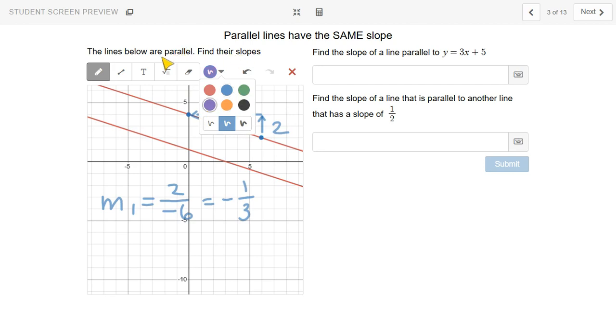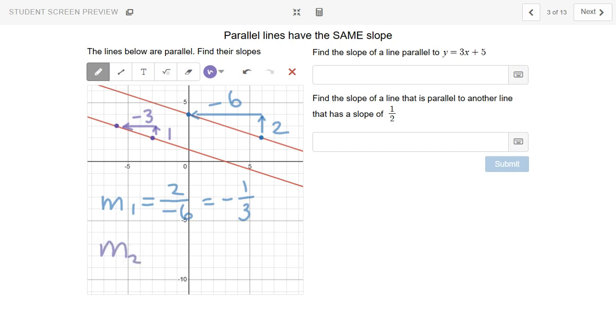Okay, our second line, I'm going to pick this point and this point. I'm going up by 1 unit and to the left by 3 units. So up by 1, to the left by 3.